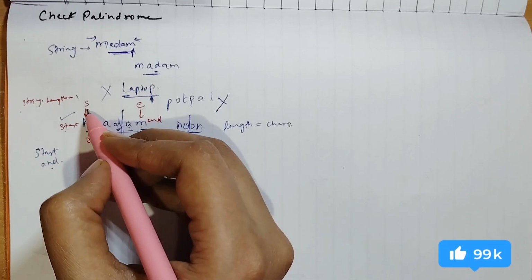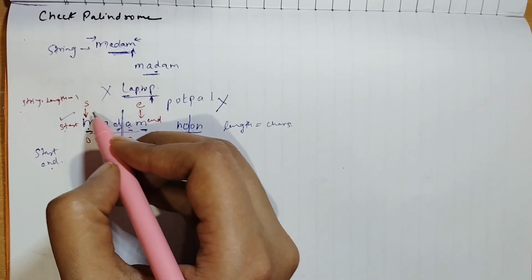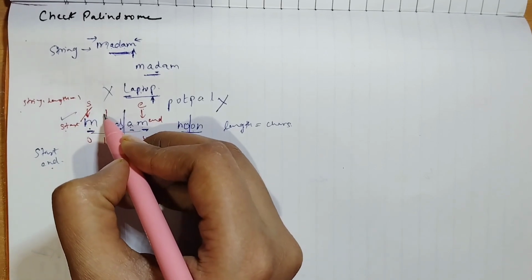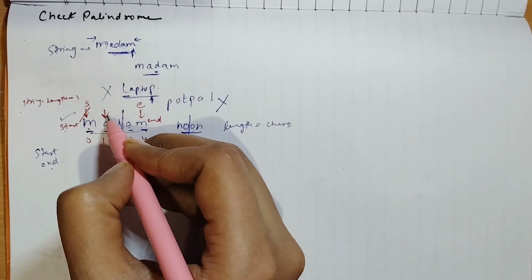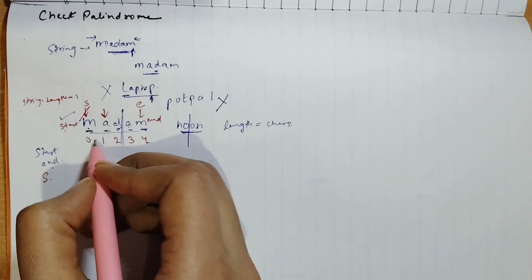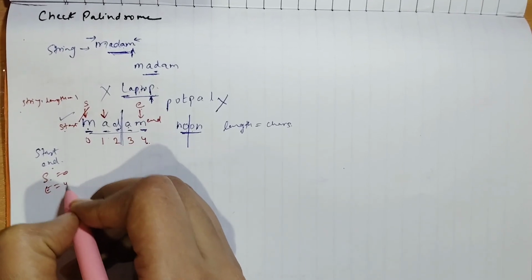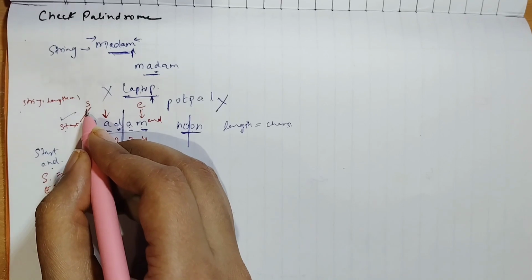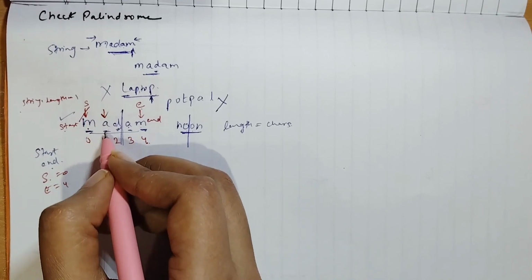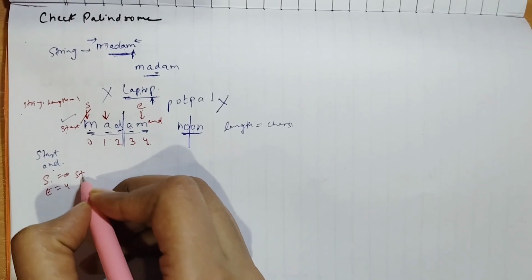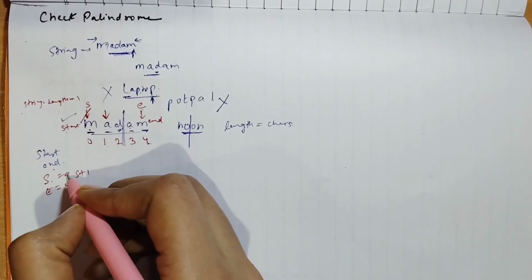So it can be a palindrome. Then the start pointer will increase by one index number. The end pointer will move from here and come here. Initially start was at 0th index and end was 4. Now start index is increased by one, means start plus 1. What was start? 0.